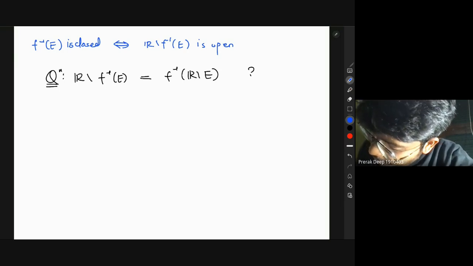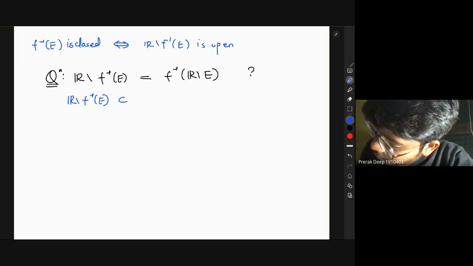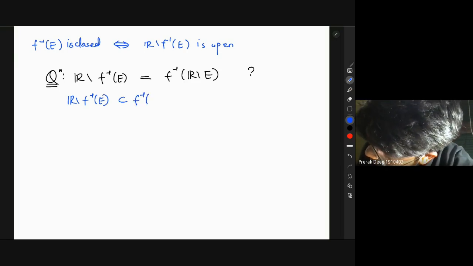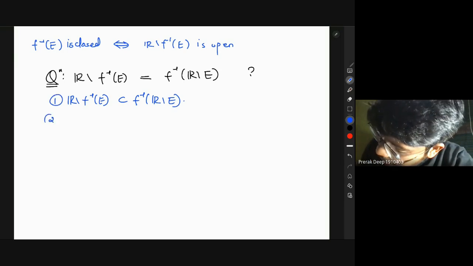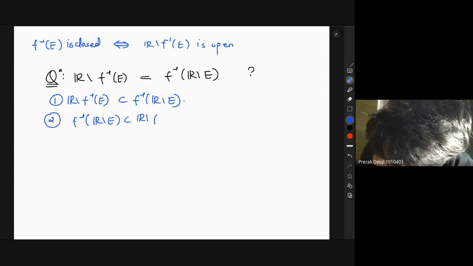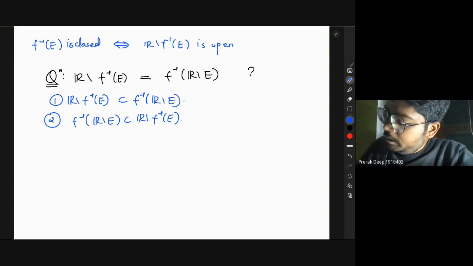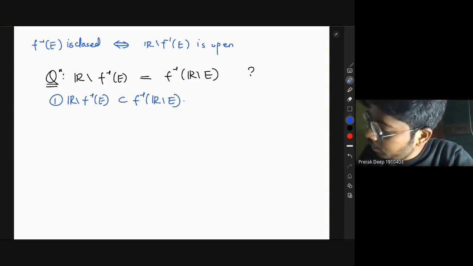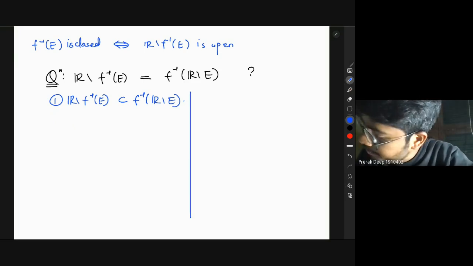For that, because this is a set equality, we need to first prove this part, and then we need to prove this part. Let me write it parallelly, so it will be easier to follow.